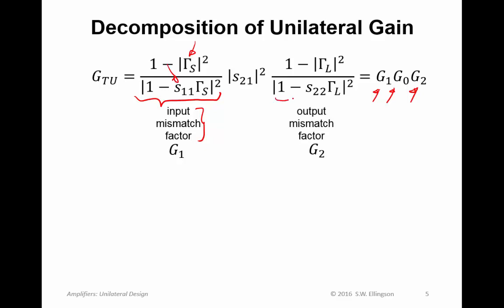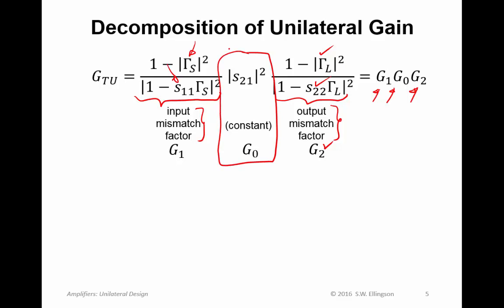Similarly, we can describe this factor using G sub 2, the variable, and calling that the output mismatch factor because that describes the effect of the output mismatch, Z sub L, S22, on the transducer power gain. And then this thing is a constant with respect to the source and load impedances. It's an intrinsic property of the two-port, so it's a constant, and we call that G naught here.